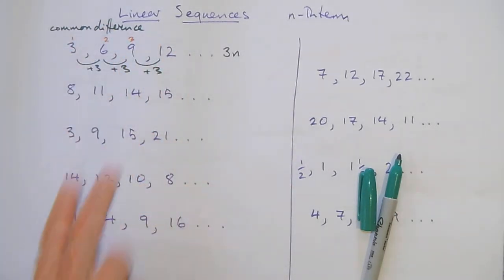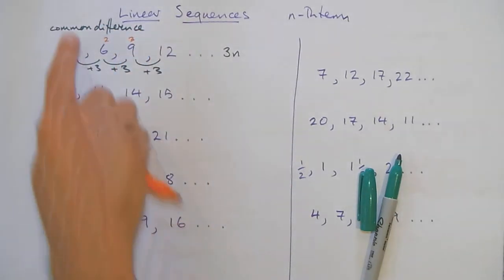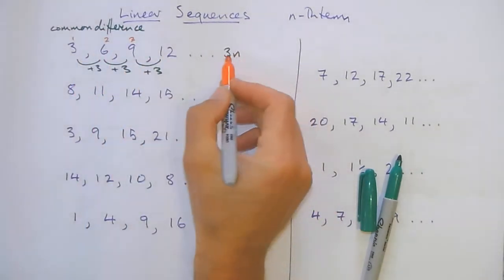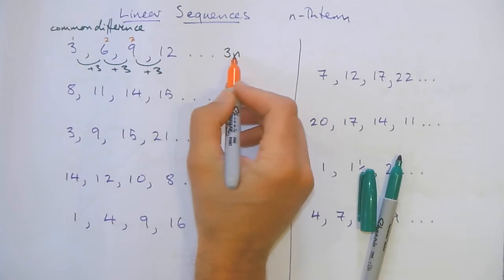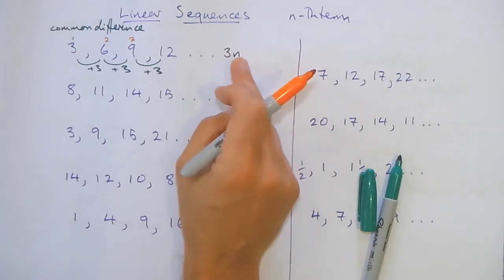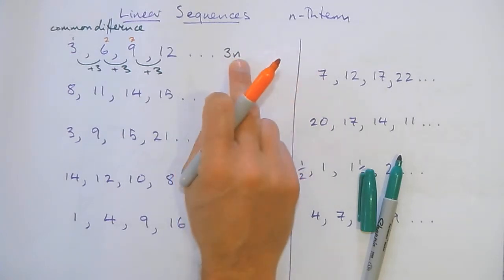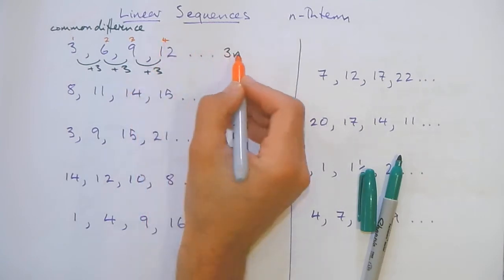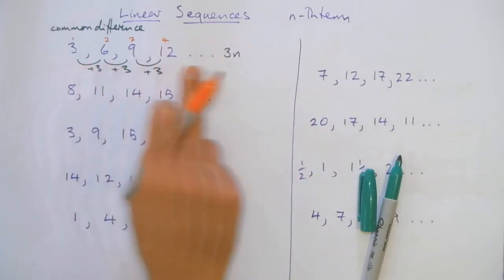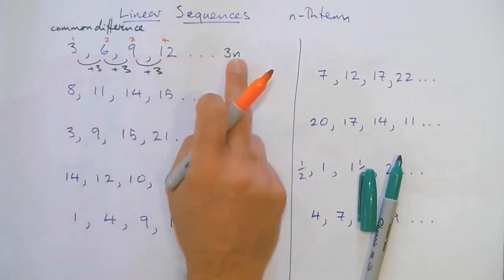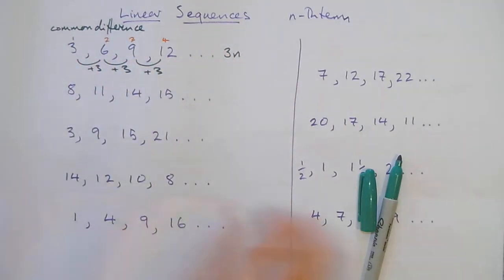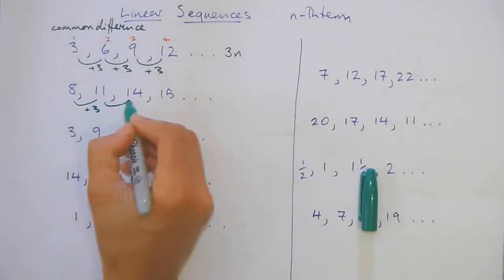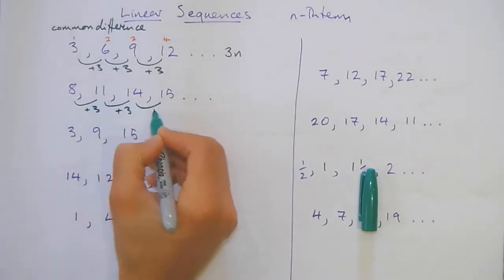And look, I've done them all in columns nicely here. First terms, second terms, third terms, fourth terms. 3n, if that was the nth term, it would mean each term is 3 times its position. So, for example, position 4, 3 times 4 is 12. This is 3n.